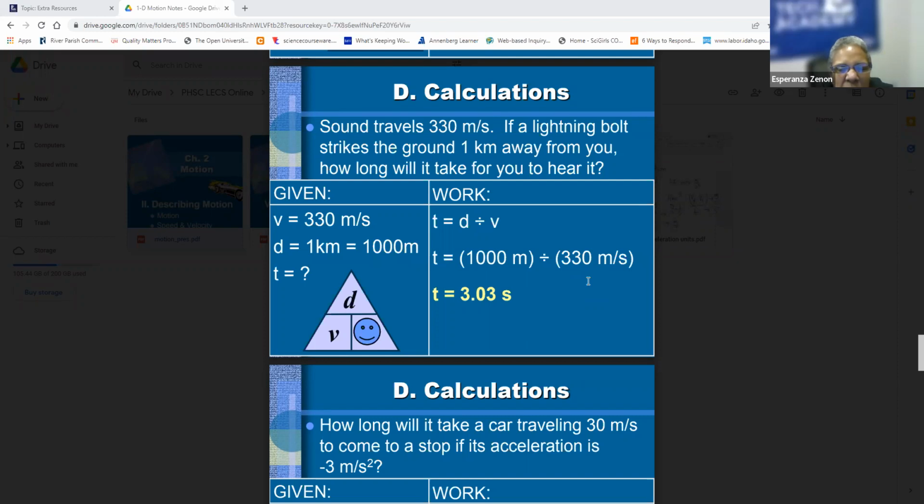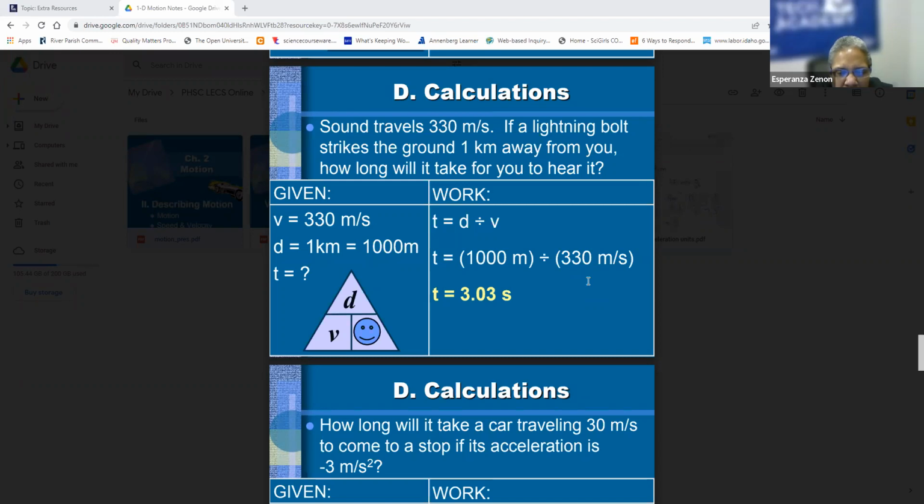So in that case, it means I need to take 1,000 meters and divide by 330 meters per second. Well, see, if I divide meters by meters per second, then my meters is going to cancel out and I will have seconds as my unit. The 1,000 divided by 330, you can put that in the calculator, 3.03, all right?